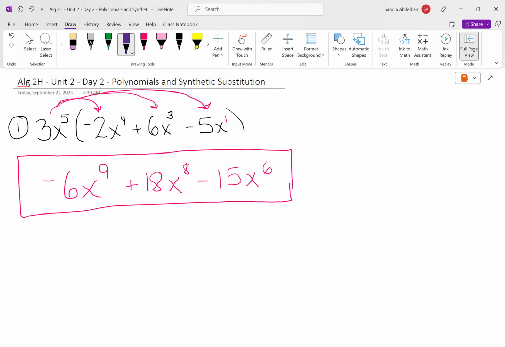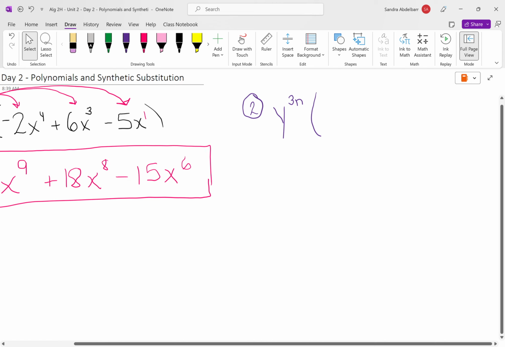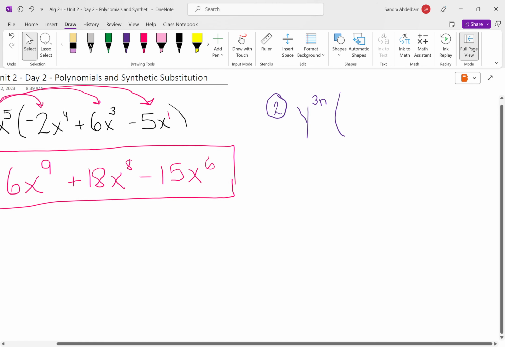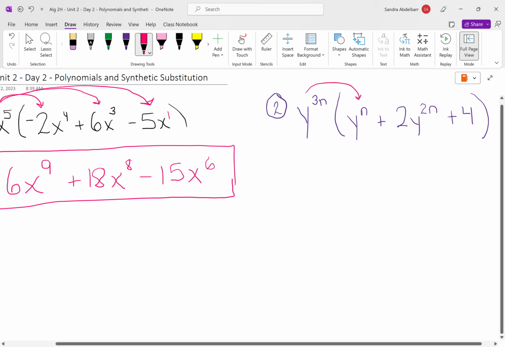All right, let's do the same idea, but now add variables as exponents. So y to the 3n times the quantity of y to the n plus 2y to the 2n plus 4. Once again, I am going to distribute.